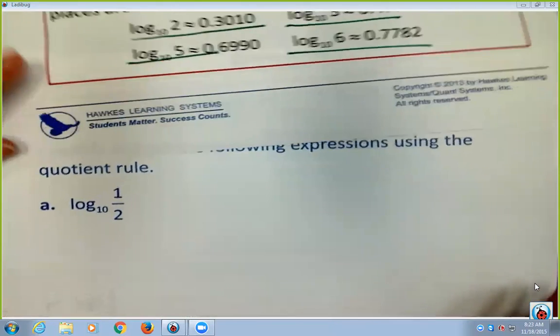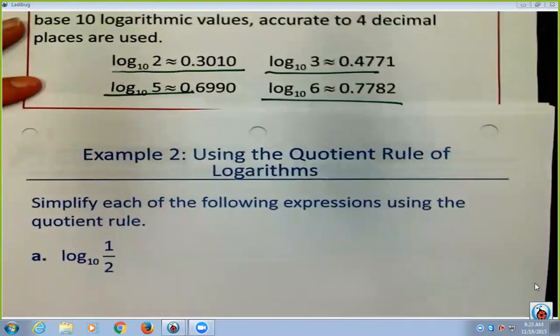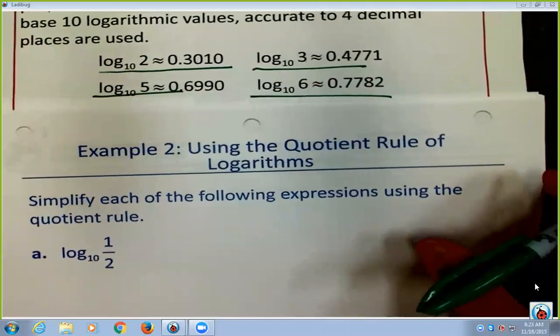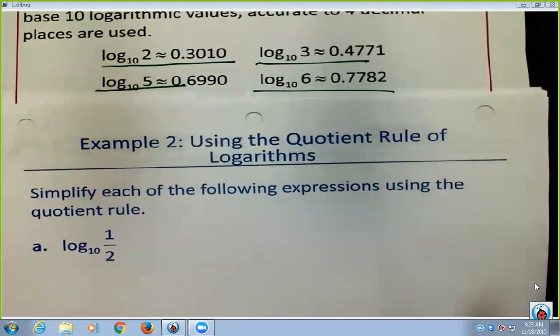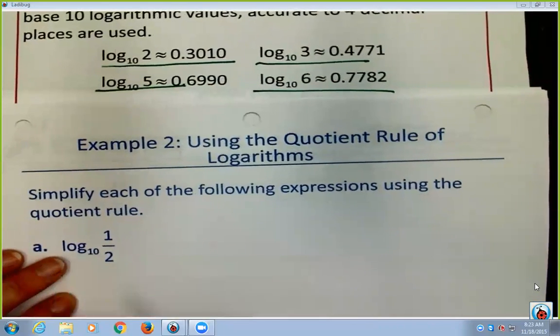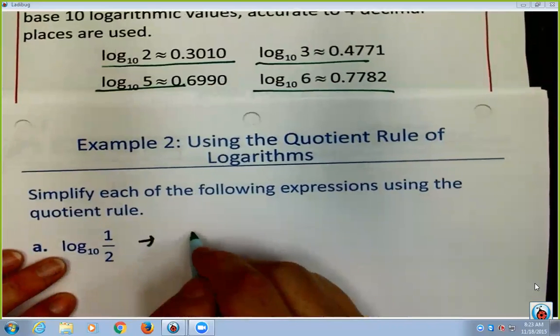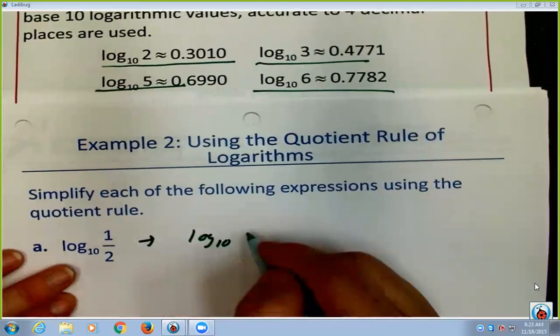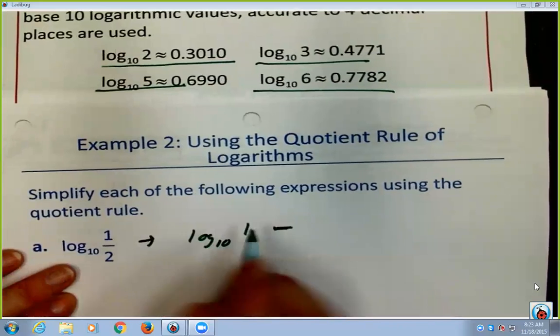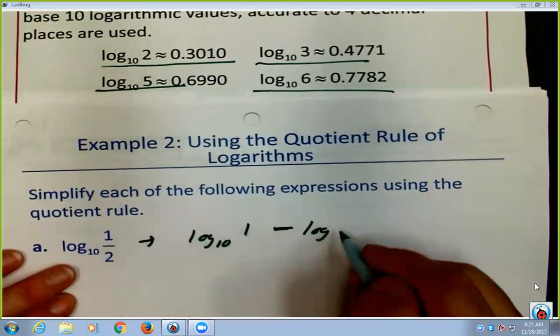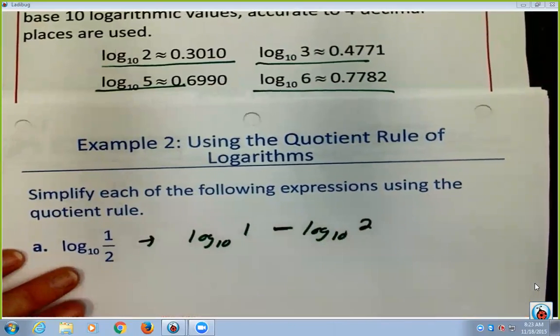Let me get my little numbers back up here because I think we have to calculate what this value would end up being. So expanding it out would be log 10 of 1 minus log 10 of 2.